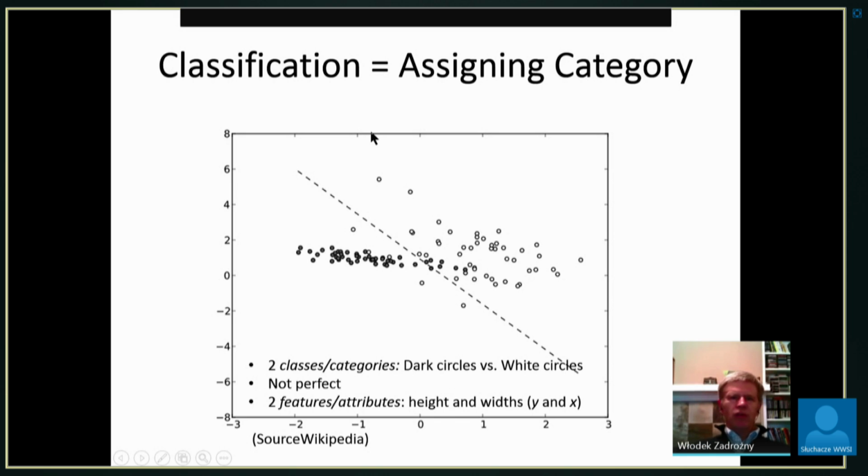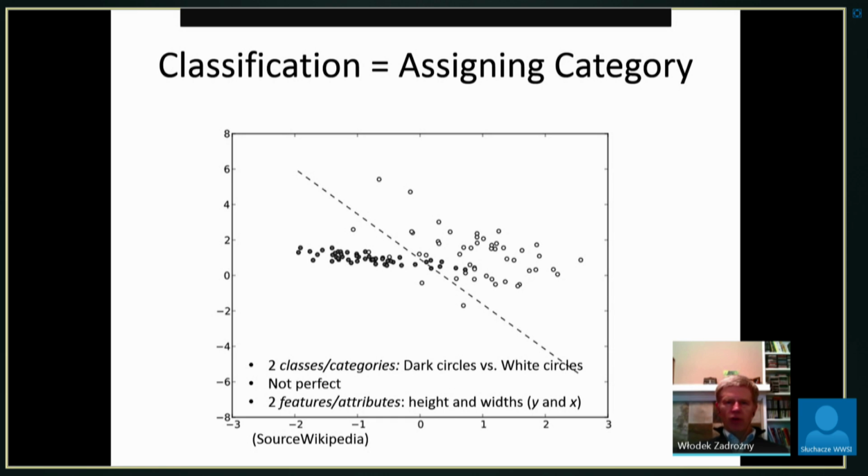So classification means assigning a category, and in the example here we have two classes or categories. One is dark circles, the other is white circles. We can see that the classification is not perfect.